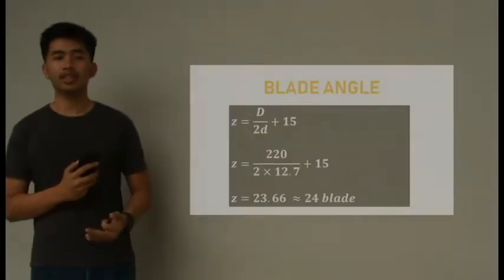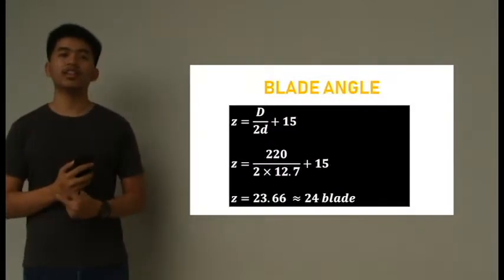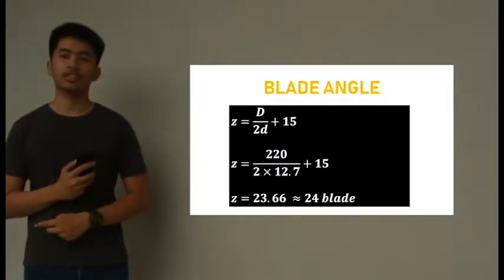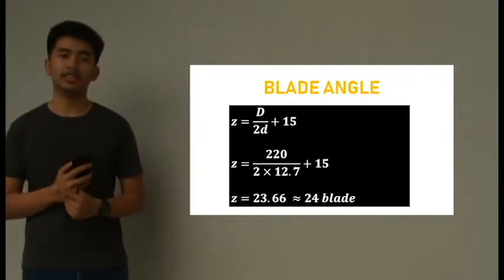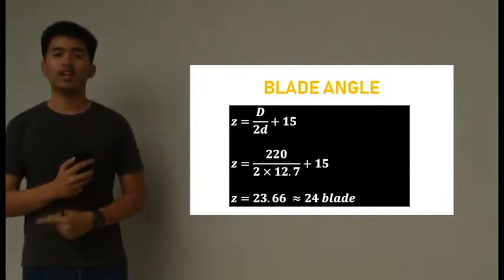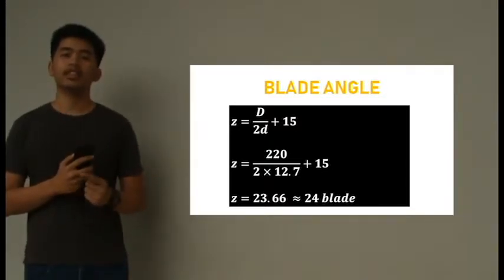The number of blades Z has two factors considered: the capital D and the lowercase d. The capital D is the diameter of the Pelton turbine wheel.